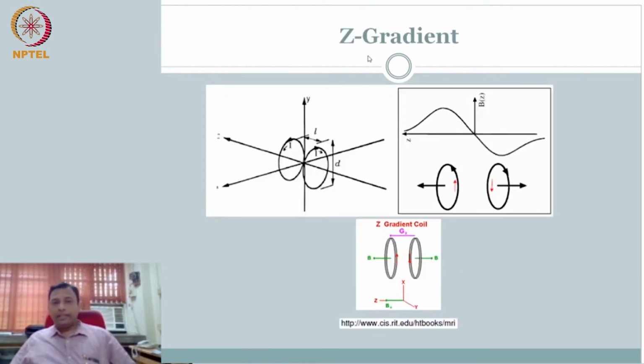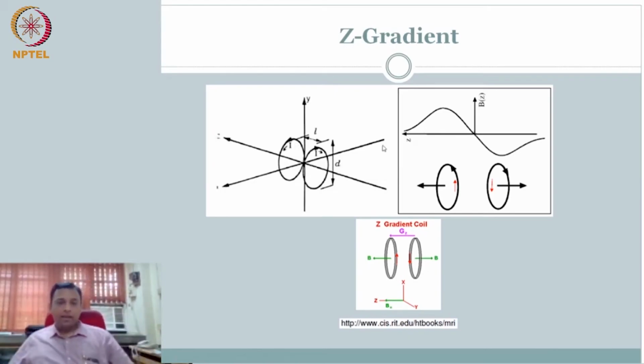So let's look into the detail. If you take the Z gradient, notice it is a very nice sketch. So this is your Z, right? Patient lying, so the coil is perpendicular, right? So these are the two loops that you have. Notice what happens if I pass a current I in clockwise direction here and I in anti-clockwise direction: you are going to have opposite polarity.